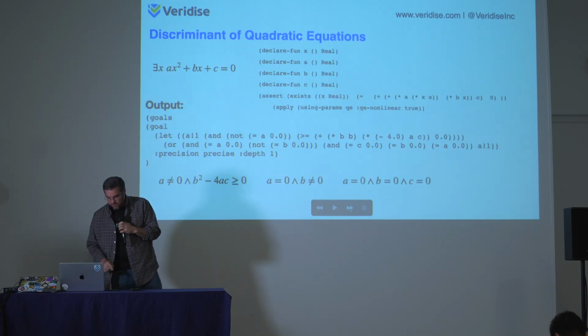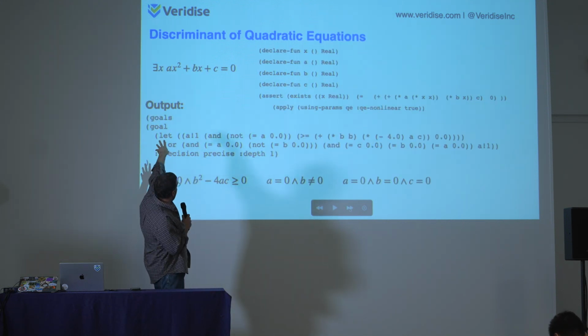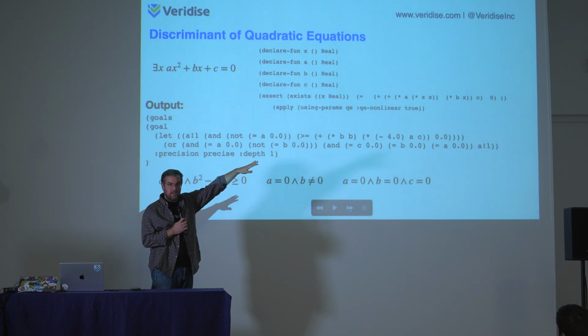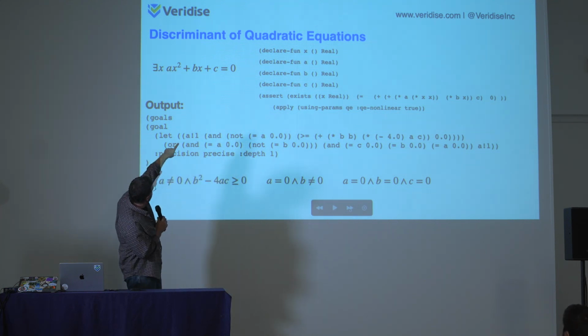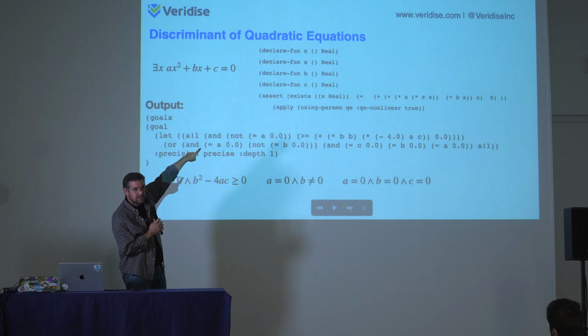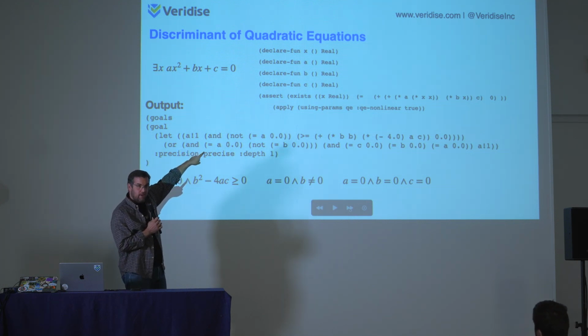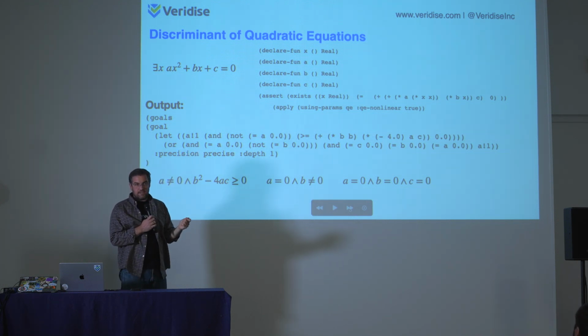I mean, just to give you a very nice example, we all know the discriminant of quadratic equations, right, from high school algebra. If you write it as a statement, there exists an x such that this equality holds, and you use the quantifier elimination, you can basically rediscover the discriminant of the quadratic equation. Yeah?